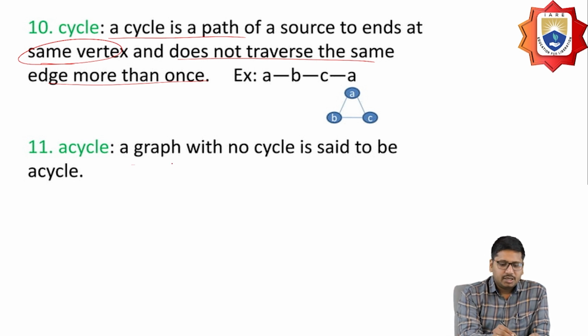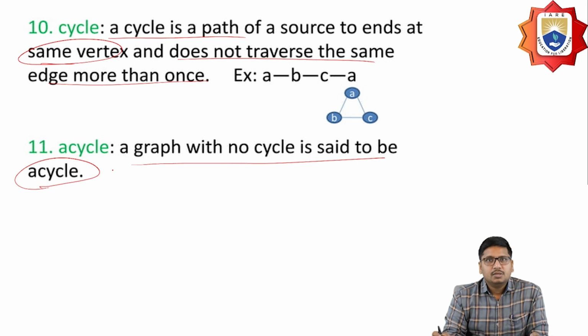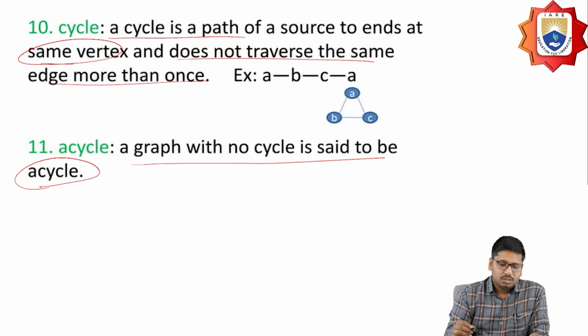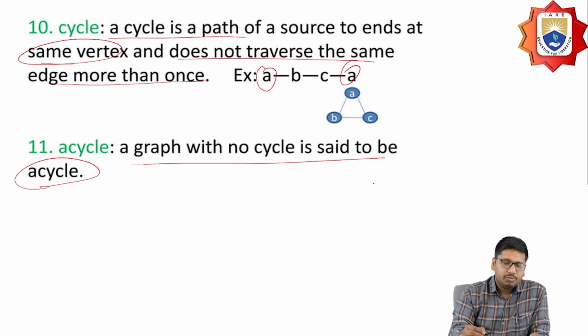And a graph with no cycle is said to be acyclic. So in a cycle, the source and destination should be the same.